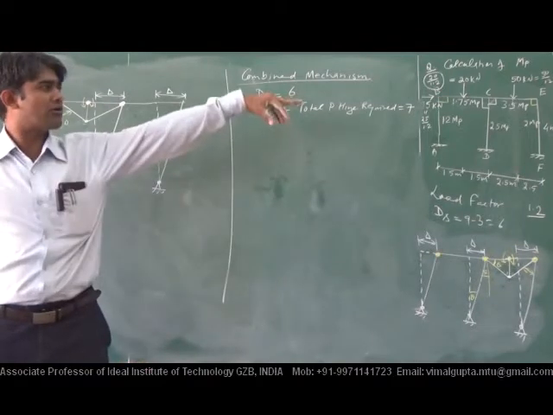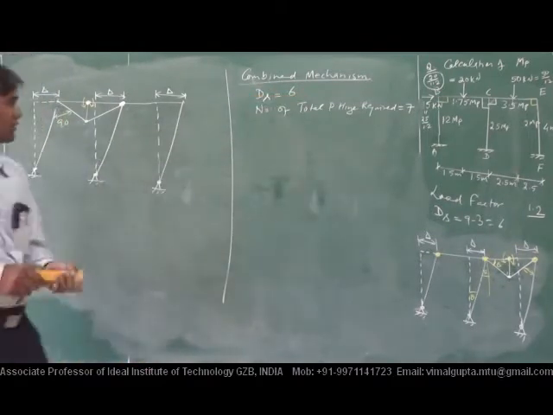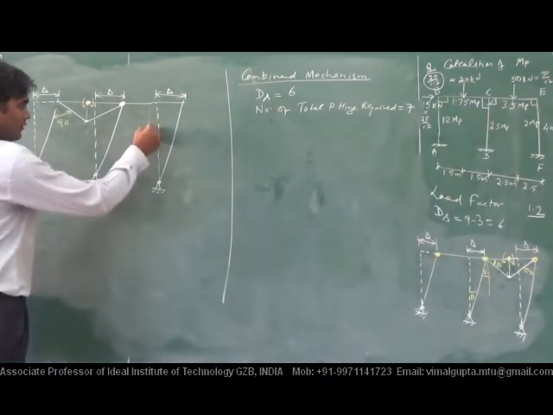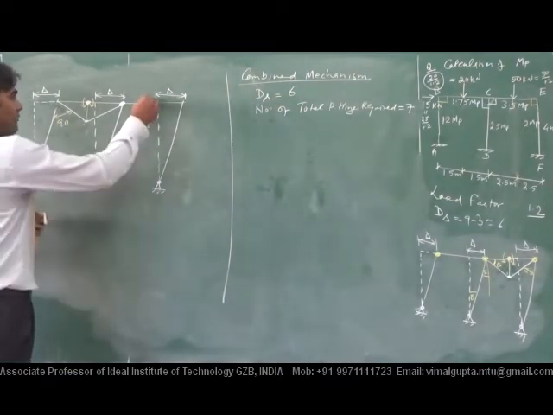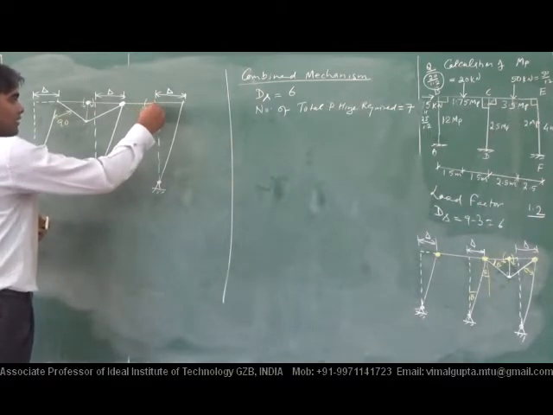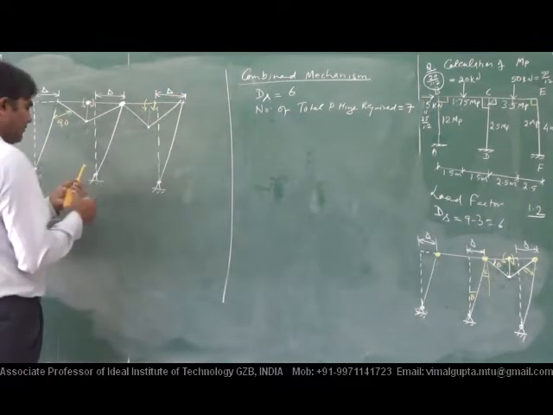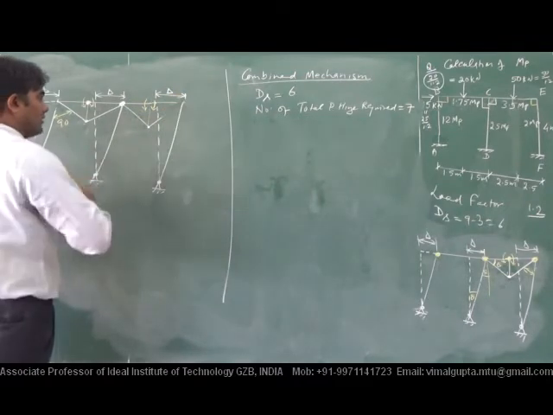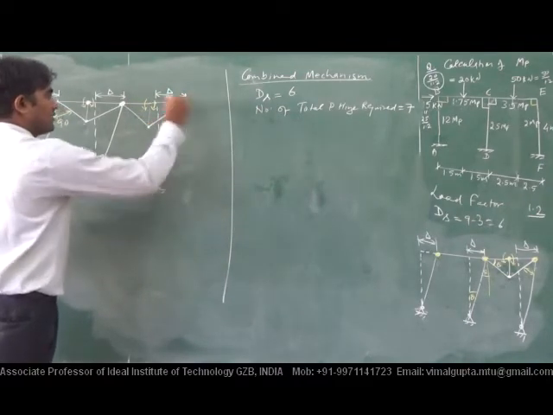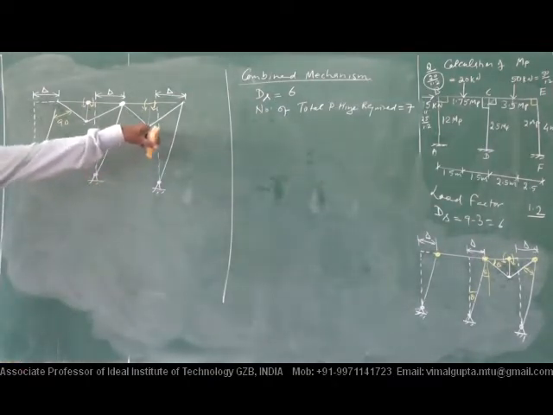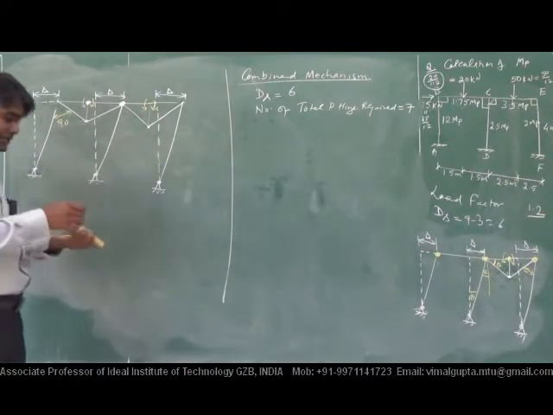Which is the other load? 50 kilonewton. Since it is in between, if the plastic hinge has to be formed here, then the deflected shape will have that shape. Clear to everybody? And if the deflected shape has this, then one plastic hinge is there.